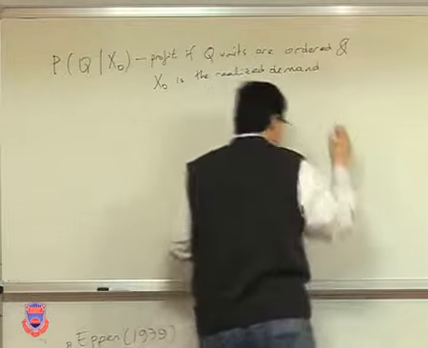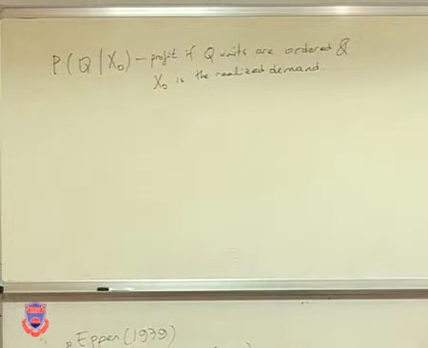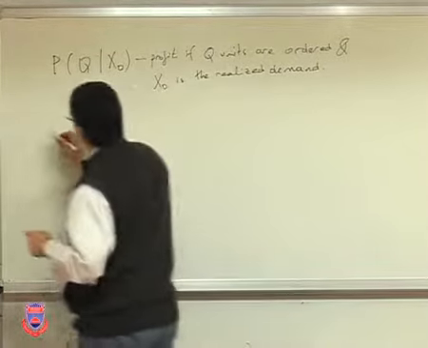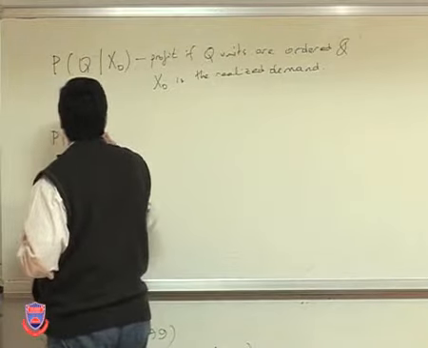What I am doing is simply going to the end of the season, assuming that there is a certain demand which is realized, and assuming that I have already decided and committed to Q units, and I am simply going to compute the profit. This is not going to be the expected profit, but this is the realized profit. So let us write the realized profit in terms of the problem parameters.